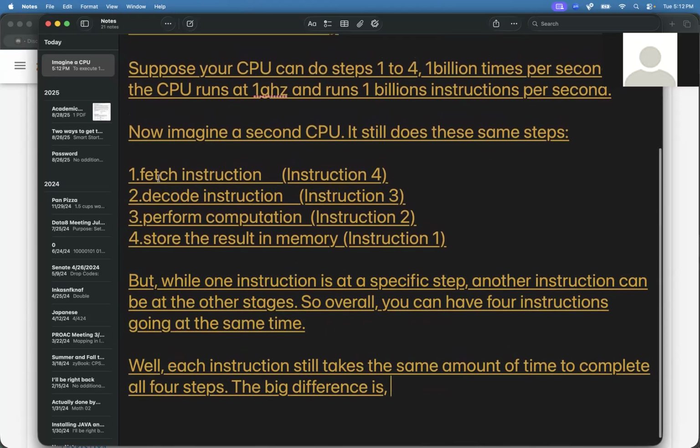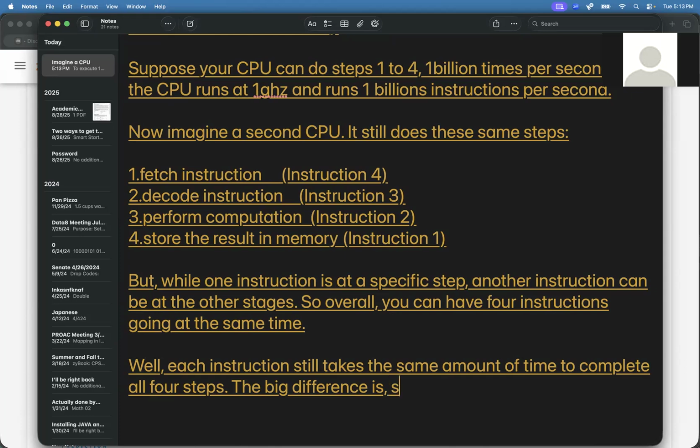When you're doing this, where one instruction is on this step while another instruction is on the previous step, and another instruction is on the previous step, and another instruction is at the previous step, the result is that on average the instructions are processed 4 times as fast, essentially.